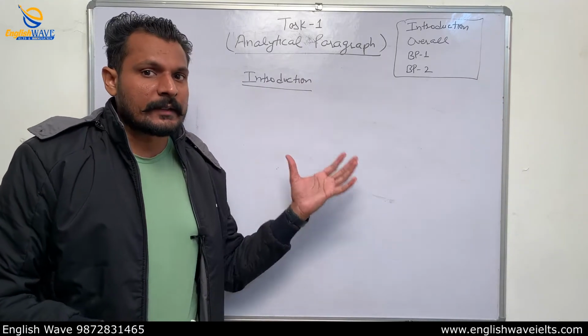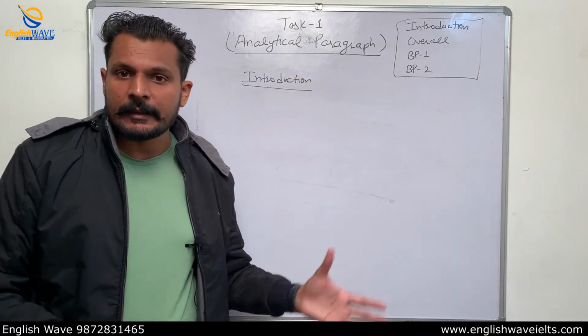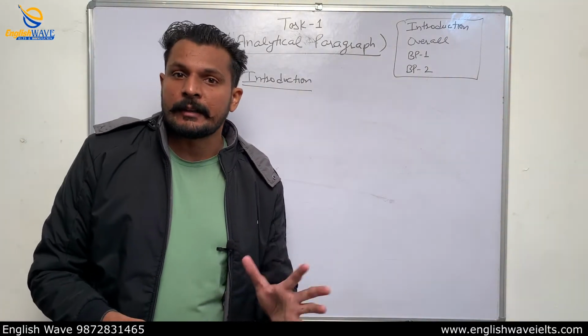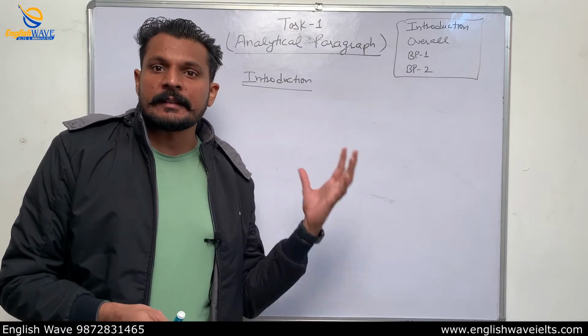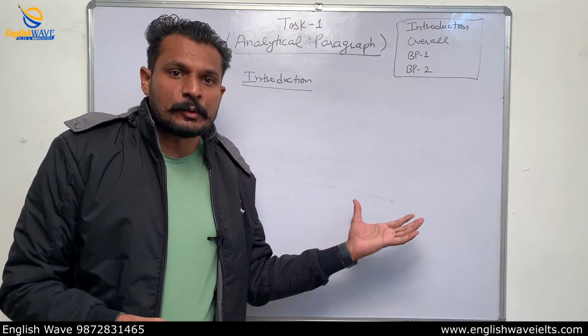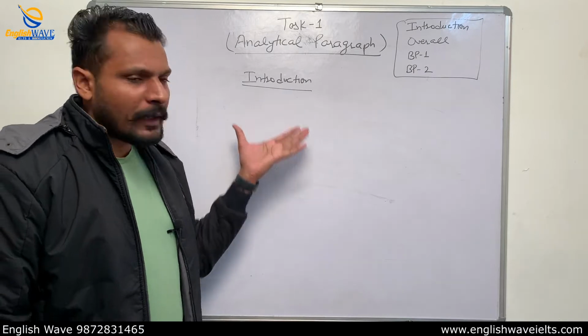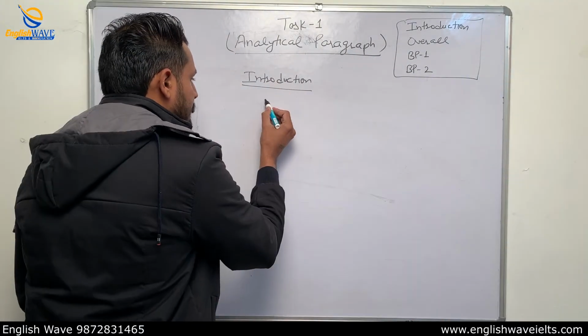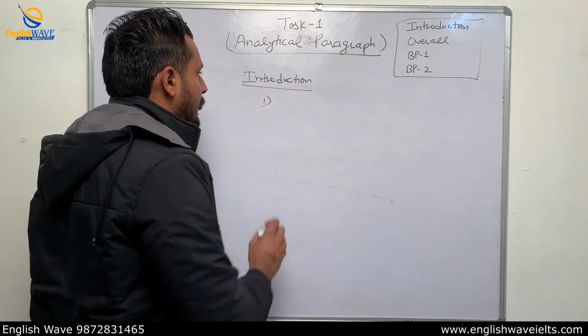While talking about the introduction part of the analytical paragraph or Task 1, we need 5 things to write the introduction. Now let's see what these 5 things are that we have to analyze while writing the introduction. What is the first thing that we have to see while writing the introduction?